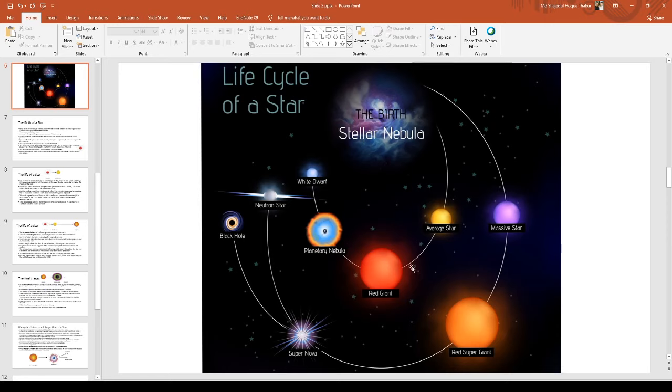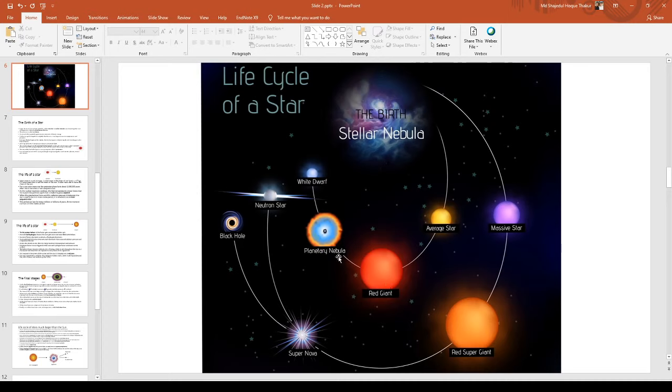We studied this life cycle, from nebula to average star all the way to white dwarf, but there was no supernova in the life cycle of the average, low mass star. For example, our sun will never explode into a supernova.